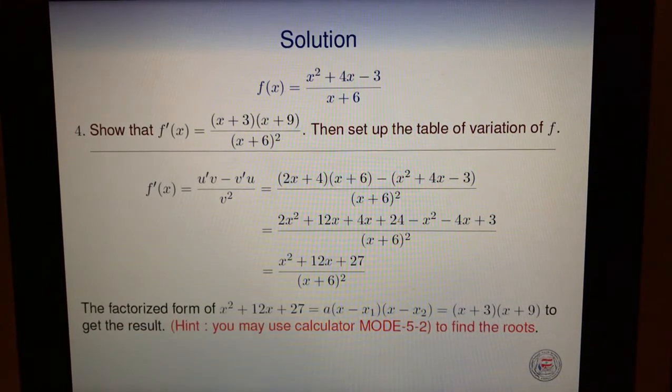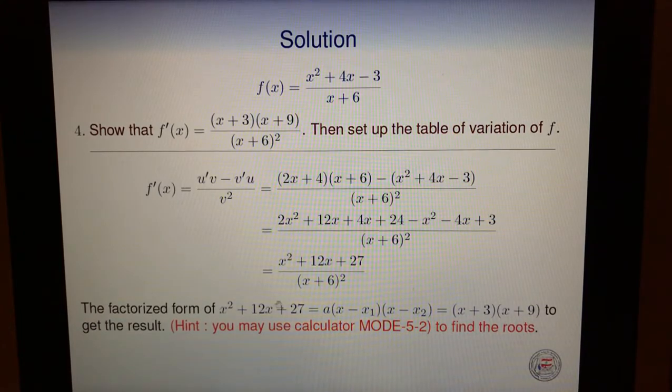The factorized form of any polynomial of second degree, the general formula, is equal to a, which is the number multiplied by x squared, times x minus x1 into x minus x2. x1 and x2 are the roots of this polynomial.